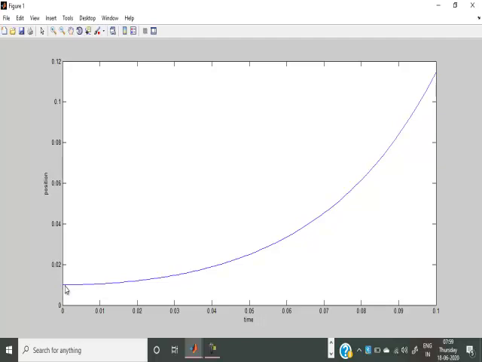So the ball is going to react in response to gravity. It's going to fall down, and the displacement is going to increase. As you can see, the displacement is increasing, and within 0.1 seconds it has already gone down to approximately 0.12 meters.